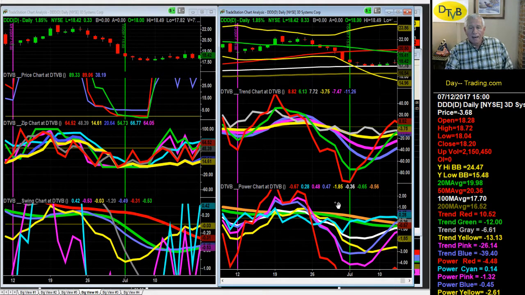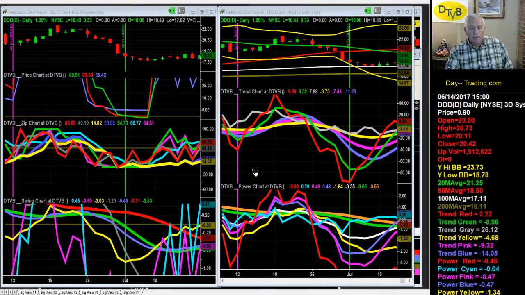And so the thing that I was pointing out here is that in the vertical green line, yellow is going down, and in the pink vertical line, yellow is moving up. Obviously, on those vertical line days, we cannot see that, but there is a distinction that I want to make.